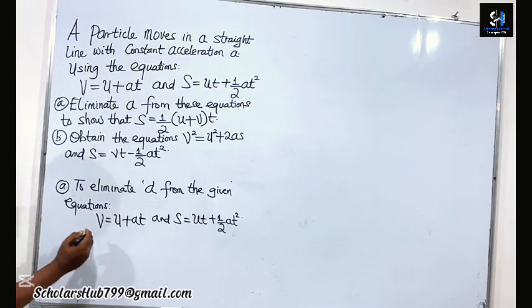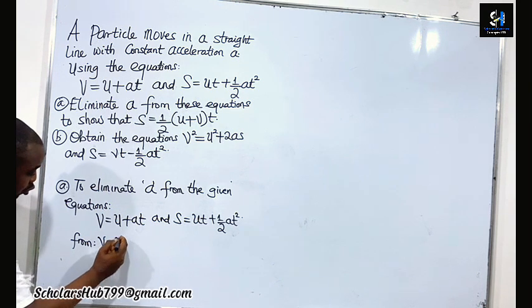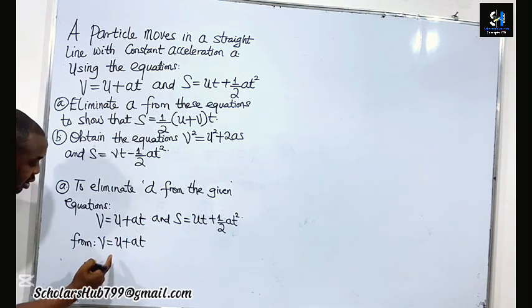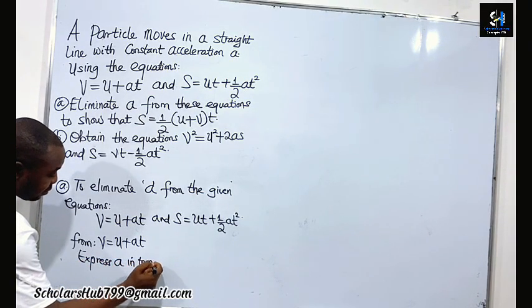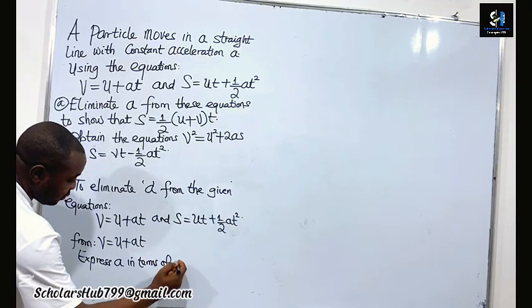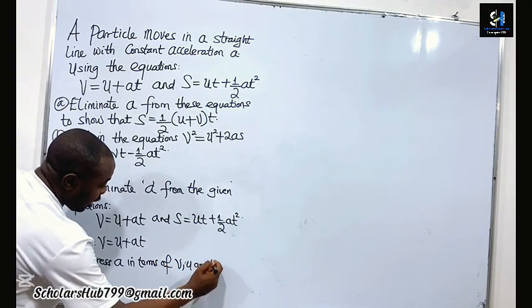Now, from v equals u plus at, I'm going to make a the subject of the formula. So let me express a in terms of v, u, and t.